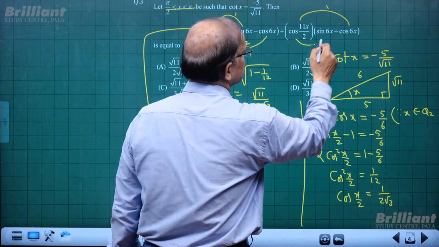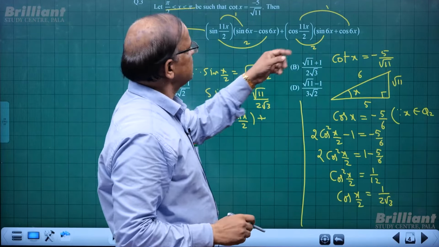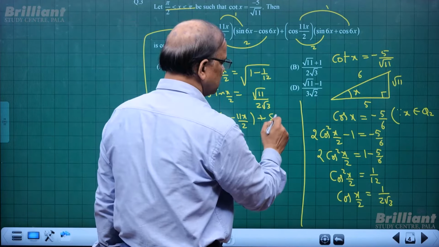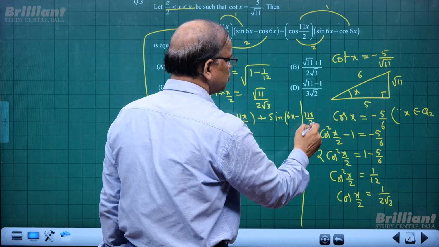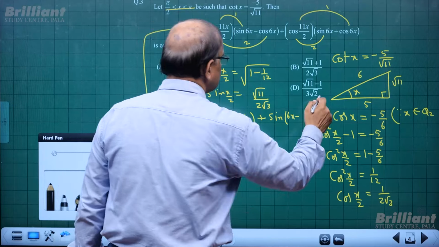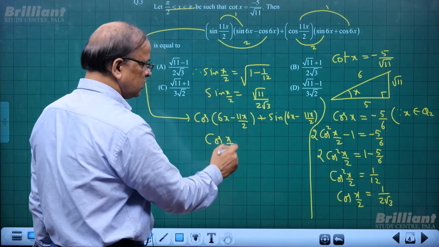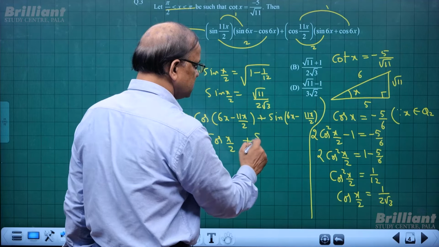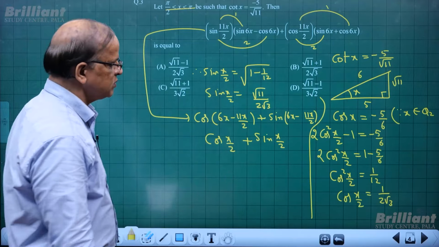The second combination is sin A cos B minus cos A sin B, so sin A minus B, again the same, 6x minus 11x by 2. So therefore here this is cos of 12 minus 11x by 2, and plus here sin of x by 2. So cos x by 2 plus sin x by 2, you know the values.